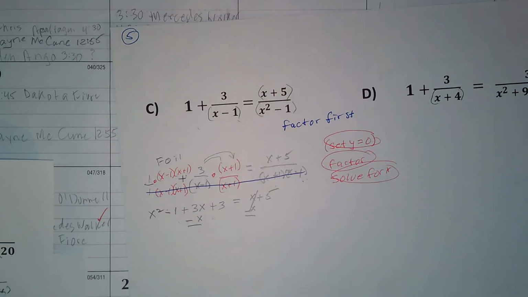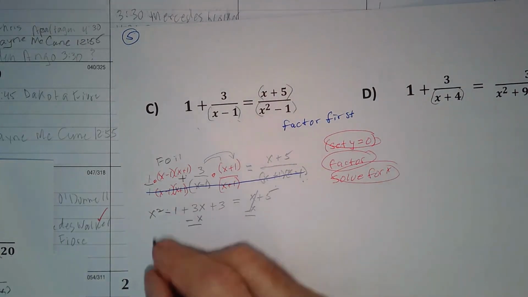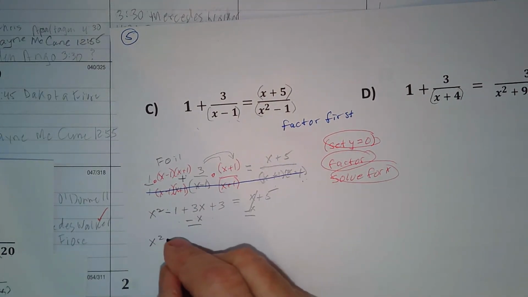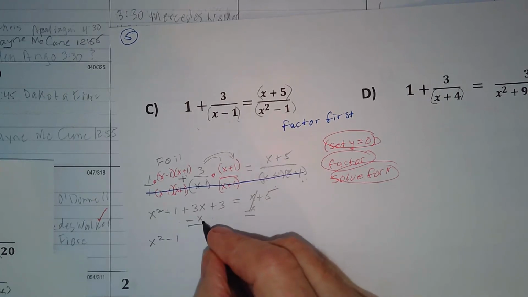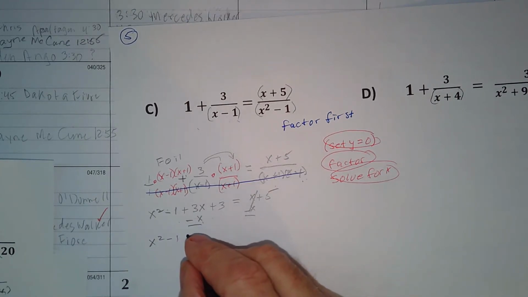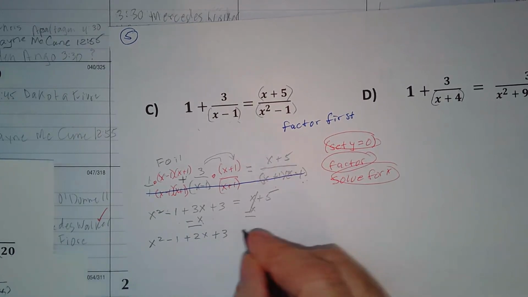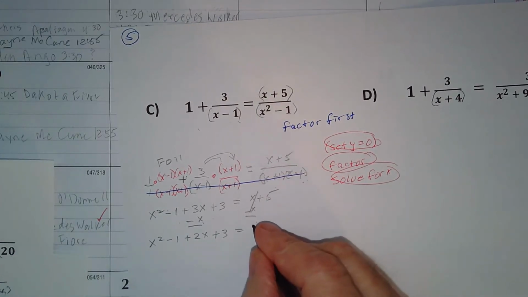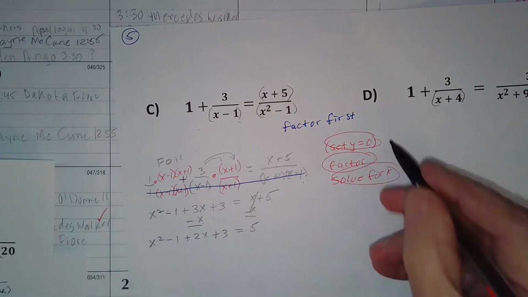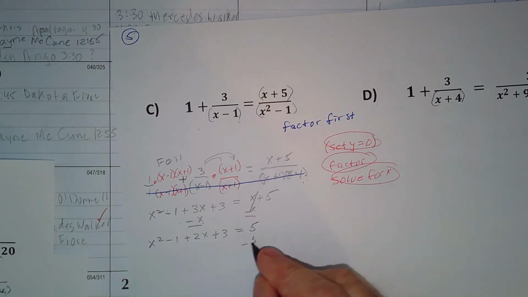Okay. So that leaves me with x squared minus 1. This becomes 3x minus 1x is 2x. So plus 2x plus 3 equals, this goes away, equals 5. Now I want to set this whole thing to equal 0, so I'm going to subtract 5 from both sides.